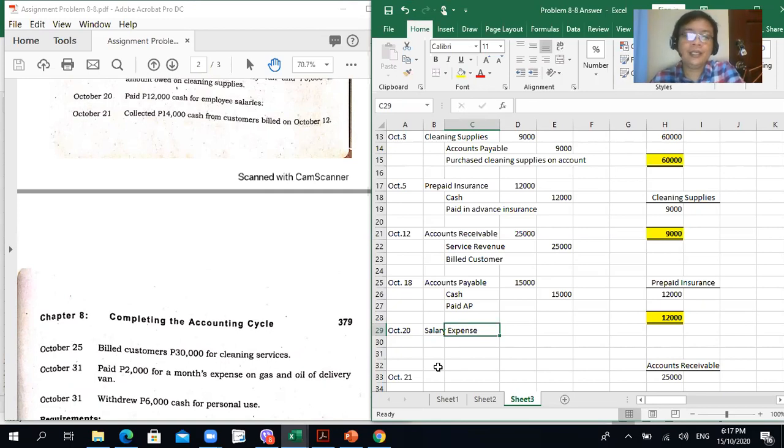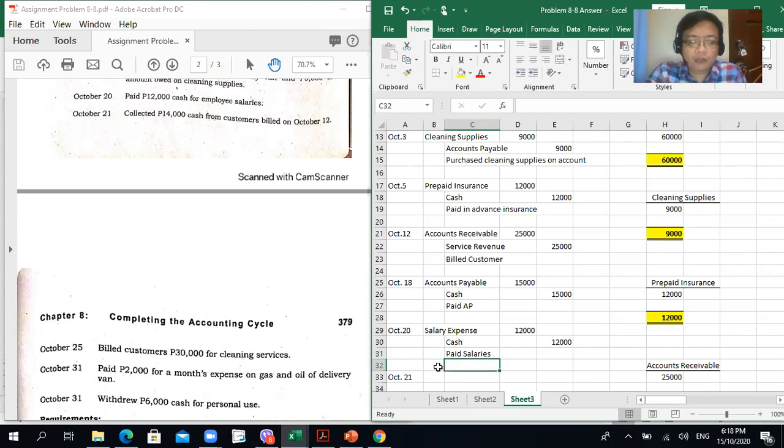It already happened, so you need to record it as part of your expense. But if the event has not yet happened, you should not recognize it as an expense. How much? 12,000. Cash? Yes, so we credit cash of 12,000 because you paid salaries.